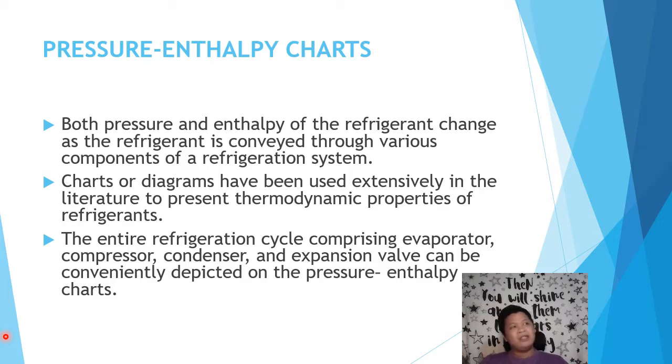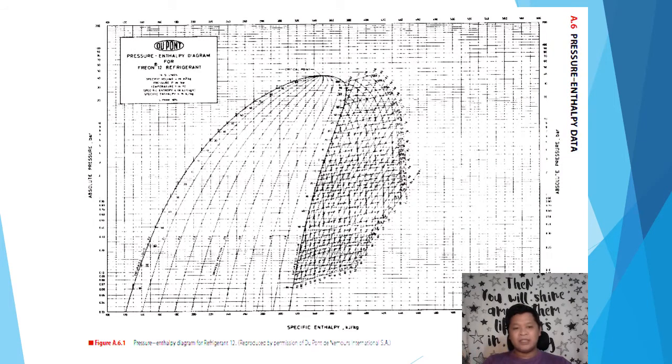Kasi kapag may hinahanap kang point, like let's say the enthalpy of something, the temperature of something, makikita mo siya doon sa chart mismo pag pinlot mo siya. So this is an example of a pressure enthalpy diagram for Freon 12 refrigerant. So as you can see, meron din siya nung curve dito. So obviously that means that this is the vapor liquid mixture area.